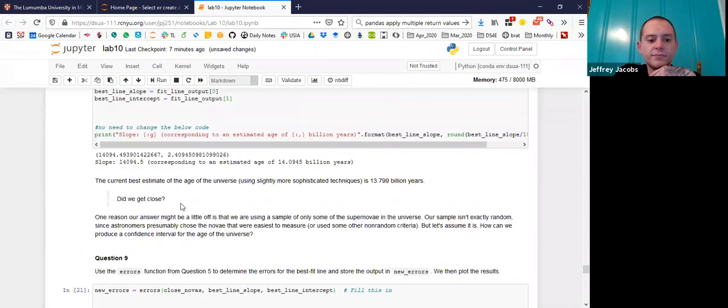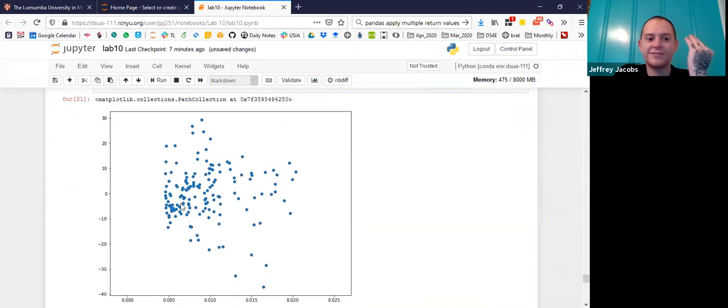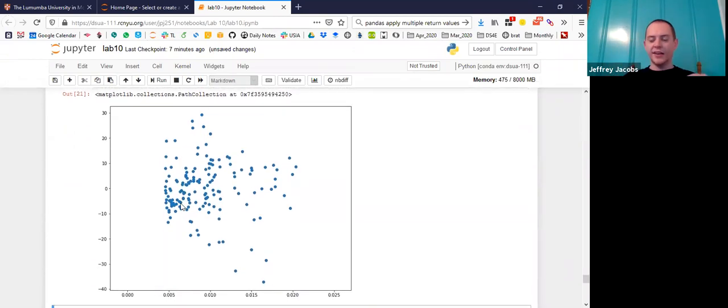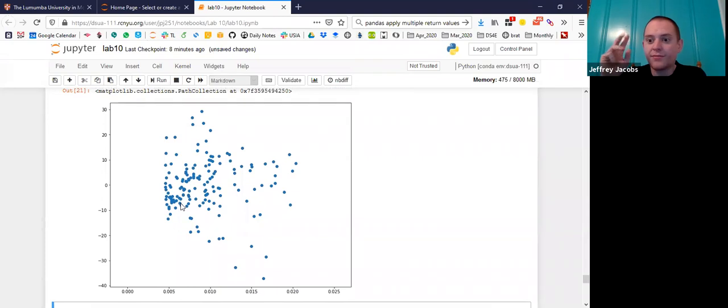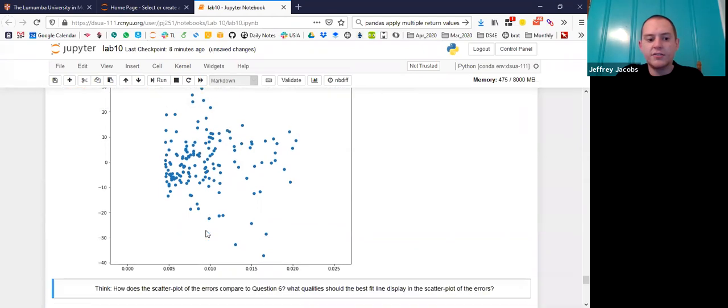Now, as I was saying earlier, the best fit line is the one that's going to balance the over predictions and the under predictions best. So we know we've hit the best fit line when we plot the errors like this and see there's no systematic bias between over predicting and under predicting.